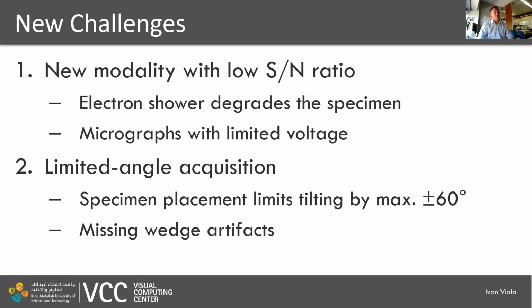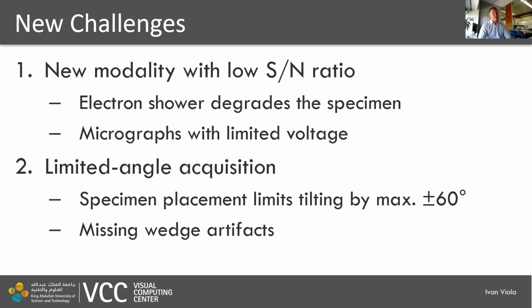If we would need only to image one projection and not several in the tilt series, then we can use much higher voltage. But for creating a volume, we will need to restrict ourselves to low voltage, and that implies the low signal-to-noise ratio. And then on top of that, we cannot image the tilt series from all possible angles, because the specimen, how it is placed, only allows us tilting of the specimen by plus minus 60 degrees.